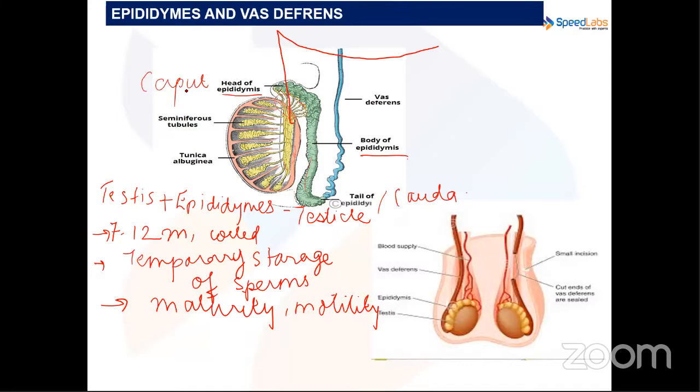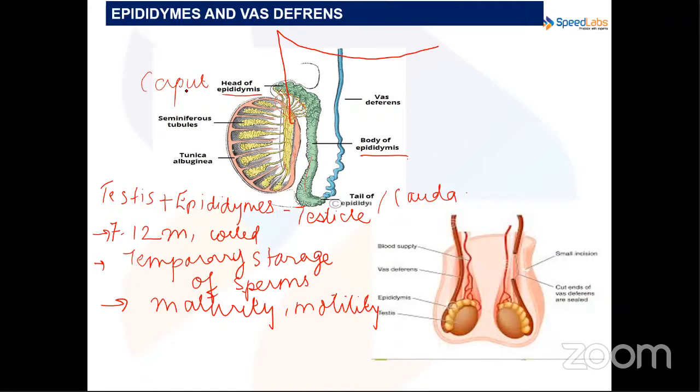But totally they become active when they reach the female reproductive tract. There they are activated, receive secretions, and travel to the oviduct. Various glands like the seminal vesicle add nutritive substances like fructose into the semen. We will discuss all that.